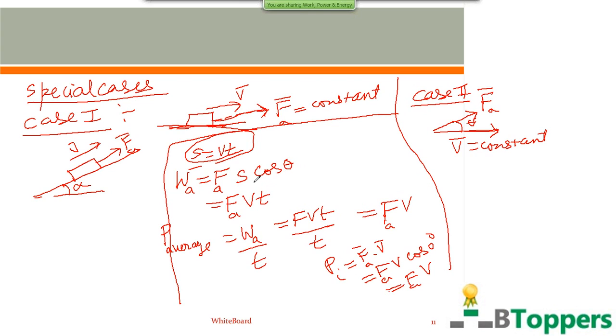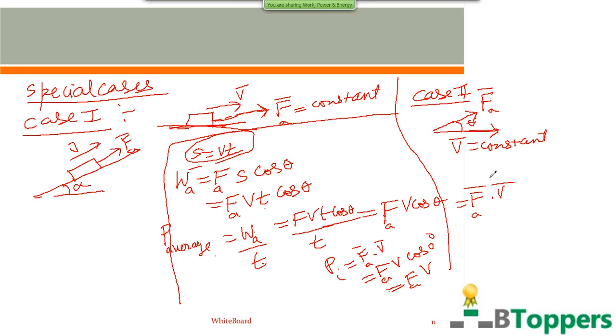Theta is the angle between the direction of the displacement and the direction of the force. We can write S equal to V into T. So average power delivered by the agent equals work done by the agent divided by time interval. Here work done by the agent in time T you can write F_A V T cos theta. So the power we write F_A V cos theta, which is the same as F_A bar dot V bar. That means average power is the same as the instantaneous power even in case 2.